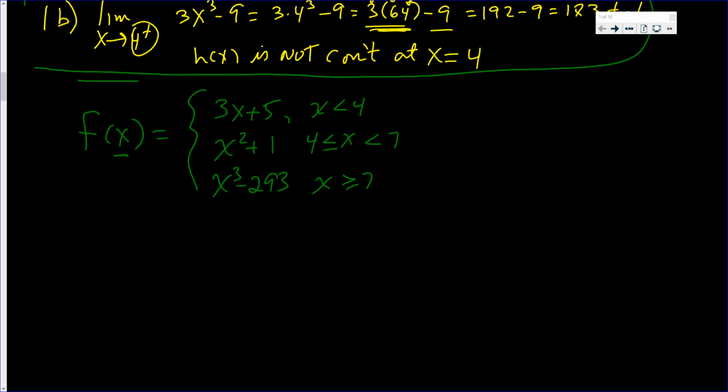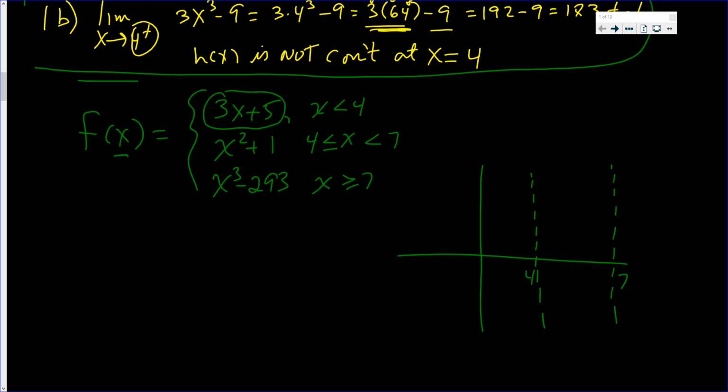Now, again, this is a polynomial. Fine, it's a line, but it's also a polynomial. Mark 4 and 7. Now, when you're less than 4, maybe the line goes like this. And since it doesn't say equal, I have an open circle there. Now, between 4 and 7, I am x squared plus 1.